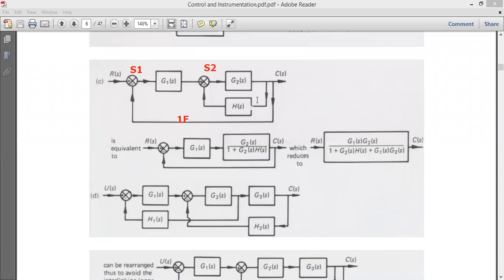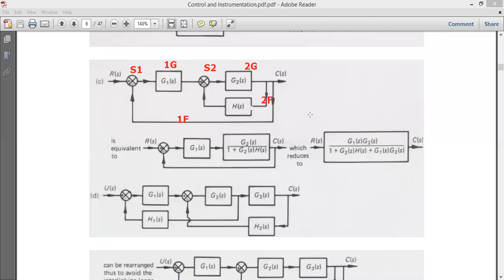Then we have a second feedback, that is 2F. What is 2F? It is a minor loop, or simply you can call it minor feedback. Again, it is from the C of S output applied to the second summation. One block of G, and this is my second block of G. So let us try to solve this simple problem.